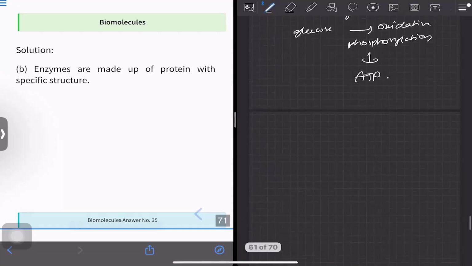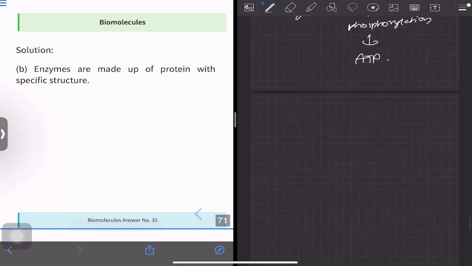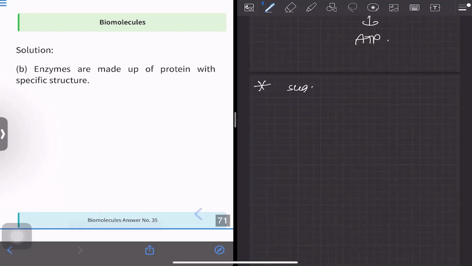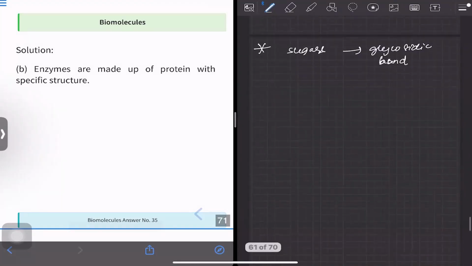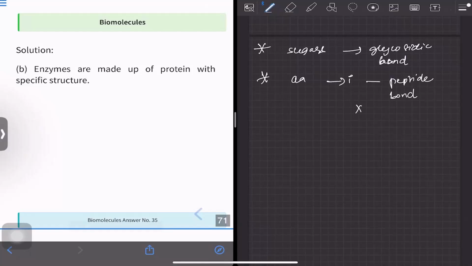These are some basic concepts which you need to remember about carbs. How are sugar molecules combined? With the help of a glycosidic bond. How are amino acids combined in the primary structure? By a peptide bond. It is a strong bond.